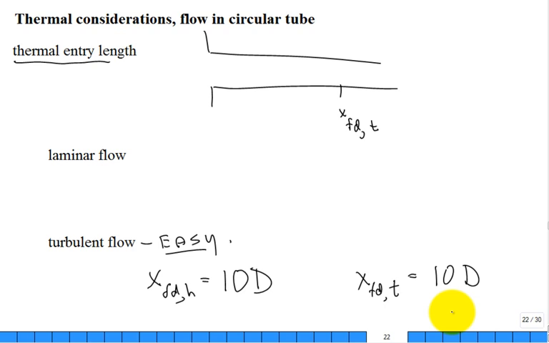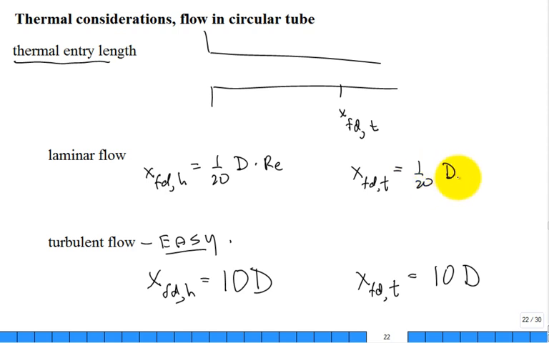Okay. Laminar flow. To be fully developed hydrodynamically was 1/20th of the diameter times the Reynolds number. All right. Guess what? Fully developed thermally, it's 1/20th. I like the parallel here. Diameter, I like the parallel here. The Reynolds number, I love it. But they have to change it up a little bit, and they throw in a piece of Pr.